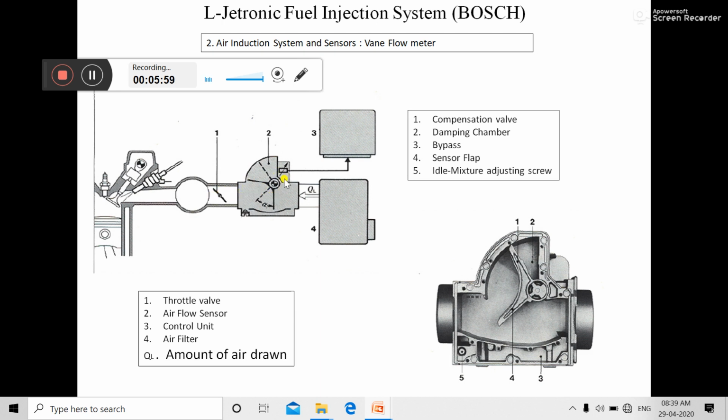Whenever it makes a movement it oscillates, so continuous oscillatory input is forwarded to the ECU. This is the disadvantage of this baffle plate, because it is a moving part having inertia, which is responsible for continuous fluctuation in the input signal to the ECU.